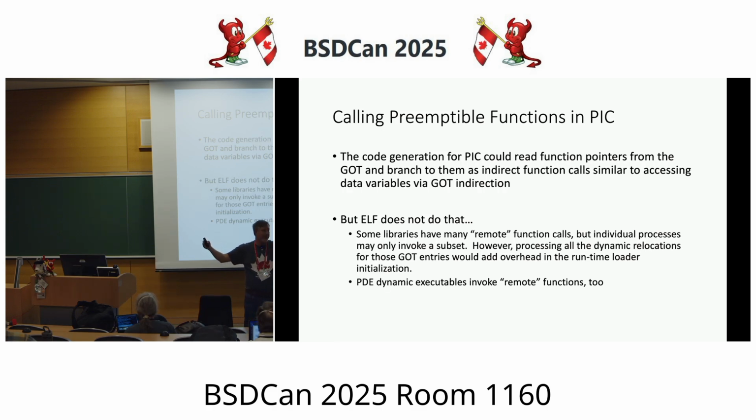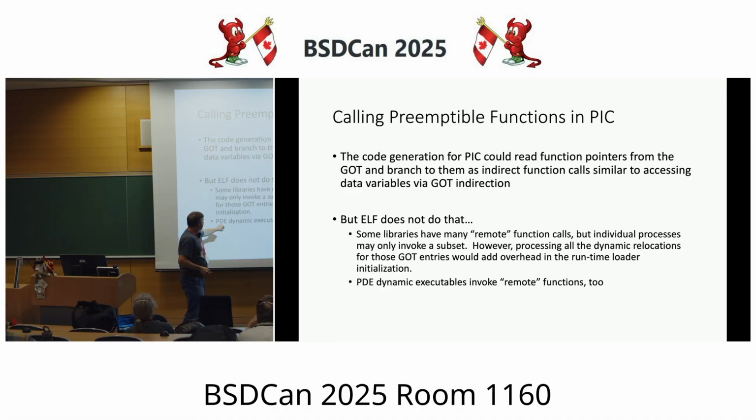So in particular, think about libc. Libc has references to all sorts of things. But a given program like ls may only use a few of the functions from libc and not all the internal bits that go and call off DNS resolving and stuff like that. So you might spend a lot of time applying relocations for GOT entries that you're never going to call.